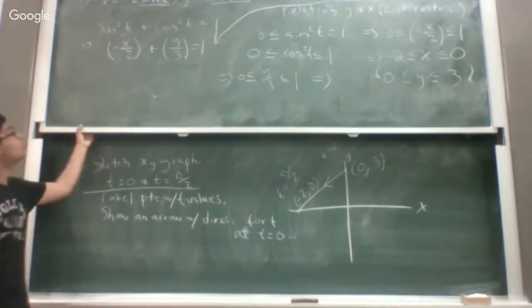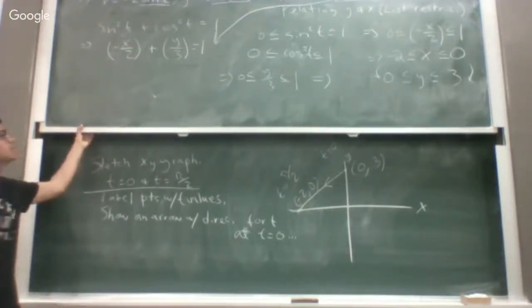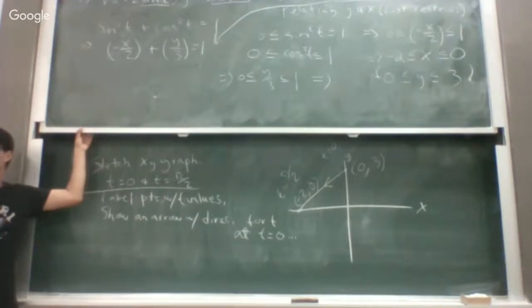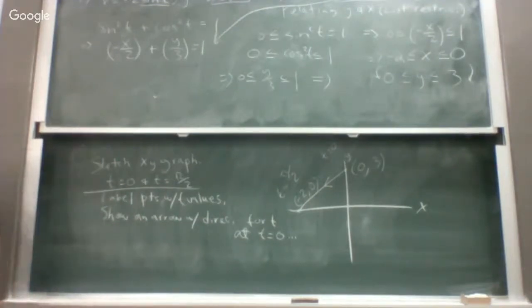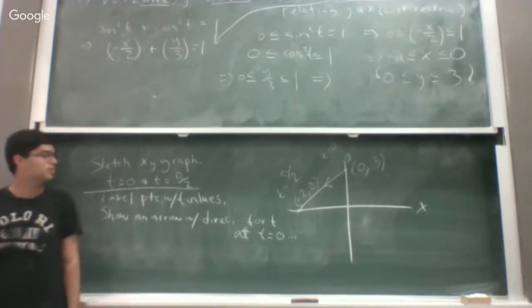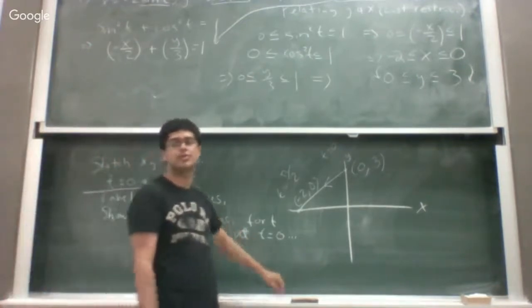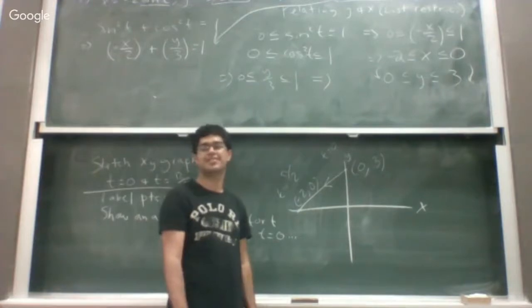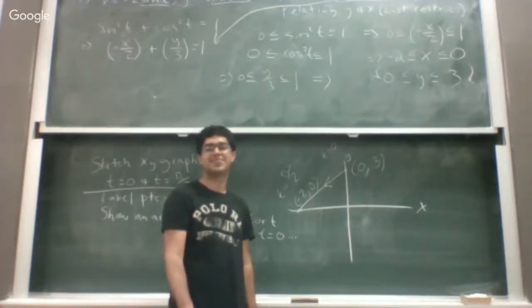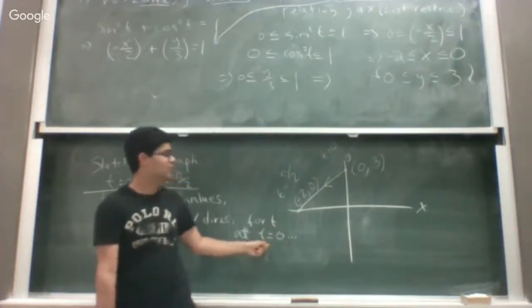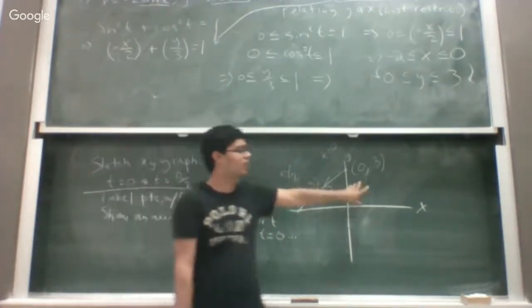Are you guys good with this problem? It should be one of the easiest ones on the exam. How do you know what the direction is? Because when you plug in t equal to 0 for x and y, you get 0, comma 3.